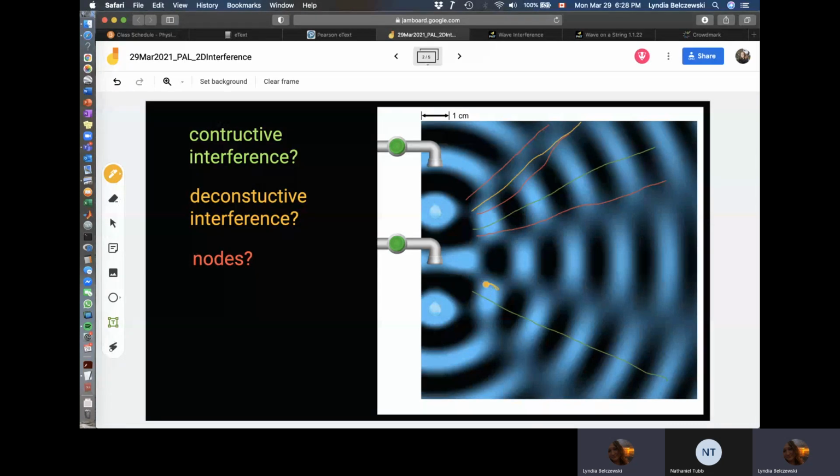So this would be a little bit above that normal water level. And this edge of the black part here isn't quite as dark as the middle, but it is still black. It is still dark. So that would be slightly below the water level, or what the water level would be if there were no waves. And so anywhere that these types of waves overlap would be deconstructive interference, where you have one that's kind of up and one that's kind of down. So I'm gonna erase these little lines, or try to anyway. Jamboard can be finicky.